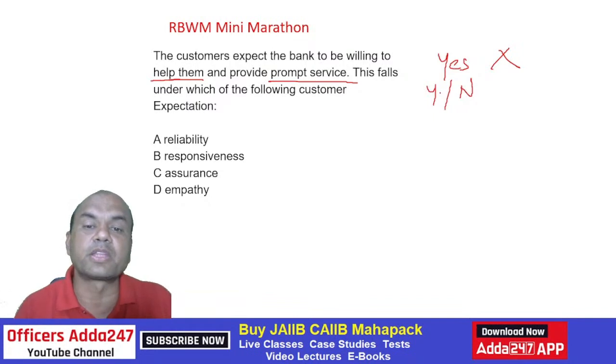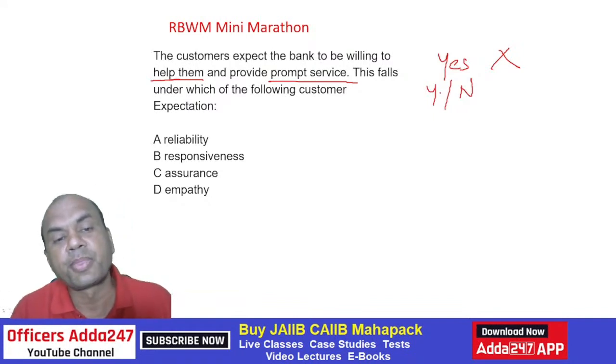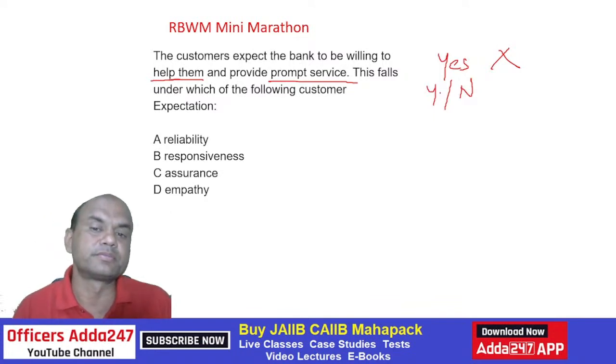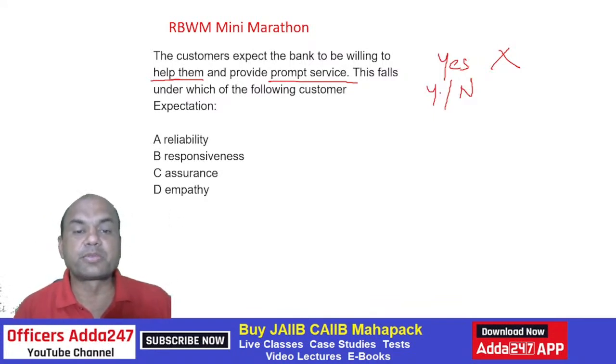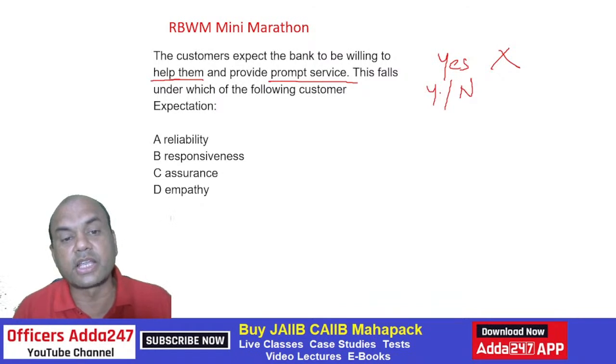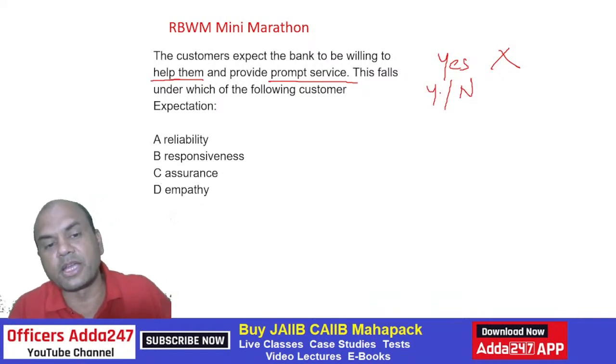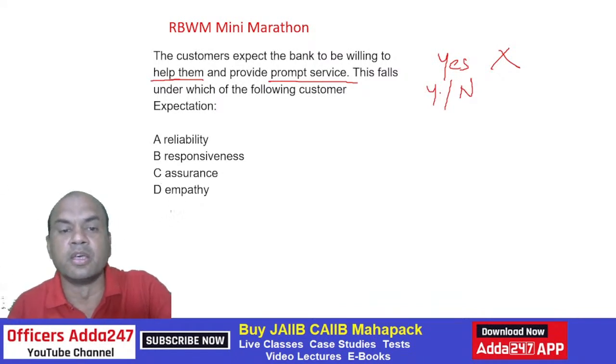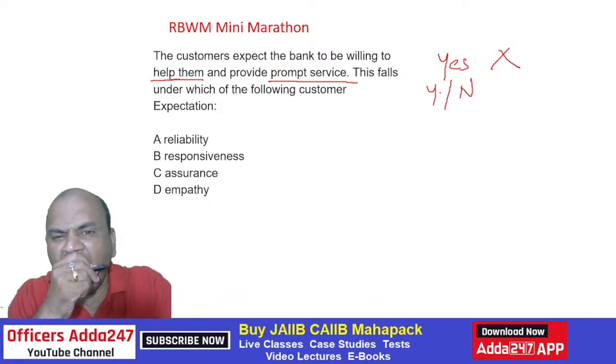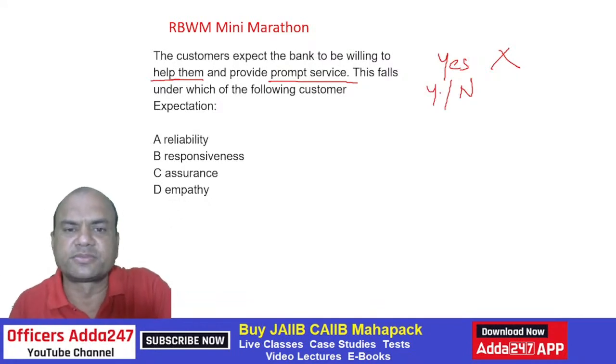So prompt service will fall under which category? Reliability, responsiveness, assurance and empathy. Prompt service, everyone.